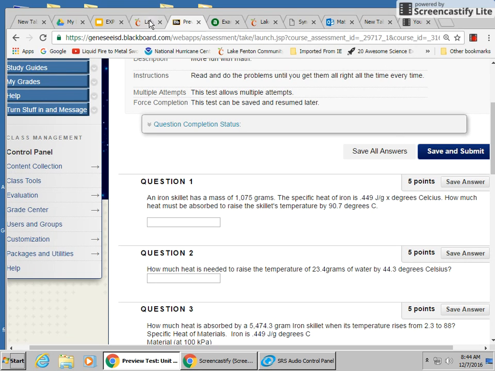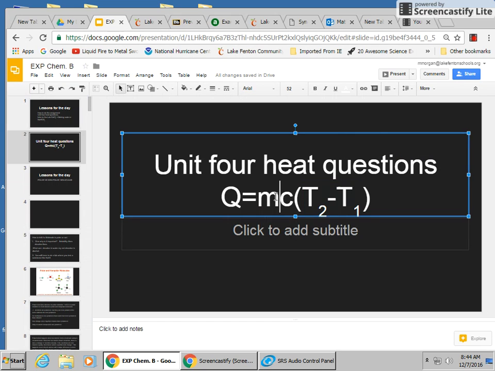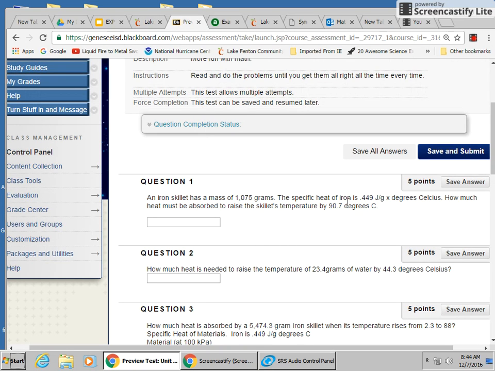So if you're looking at this, we know what M is, that's the 1,075. We know what the C is, that's given. And we know what the delta T is. We didn't have to subtract it because it was already given as 90.7 degrees from whatever it was.